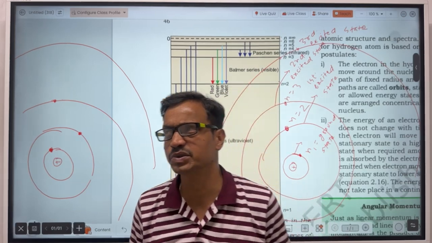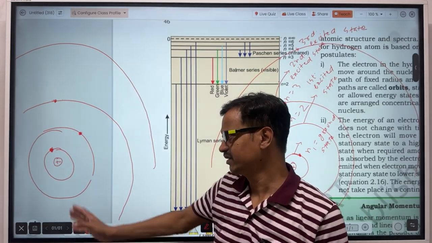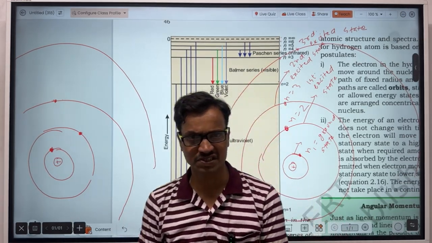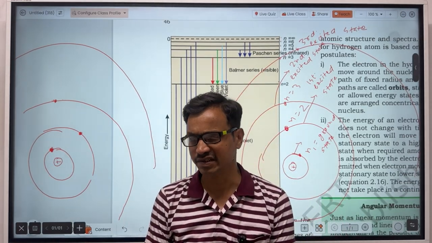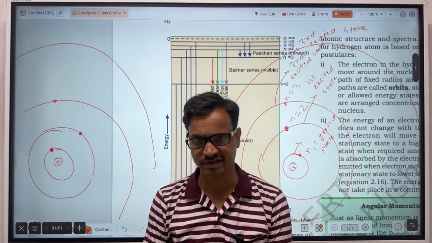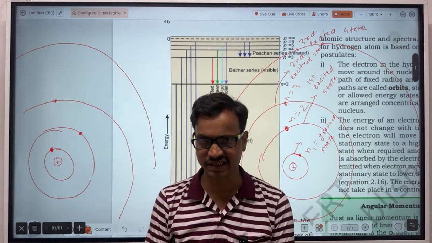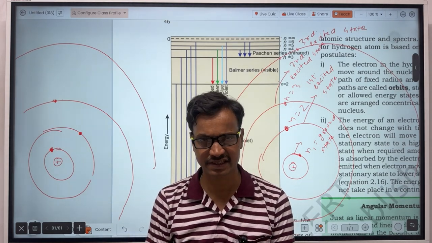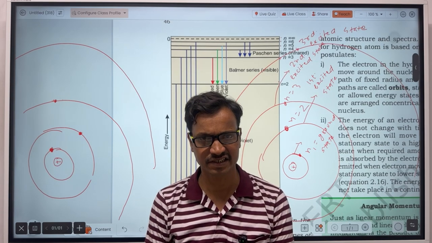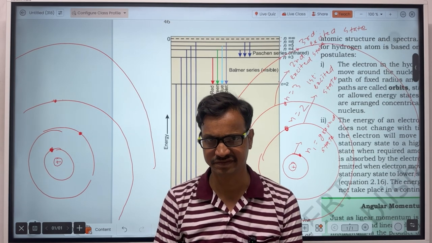So when energy is provided, the electron in the ground state jumps into higher levels, which are called first excited state, second excited state, third excited state, and so on.